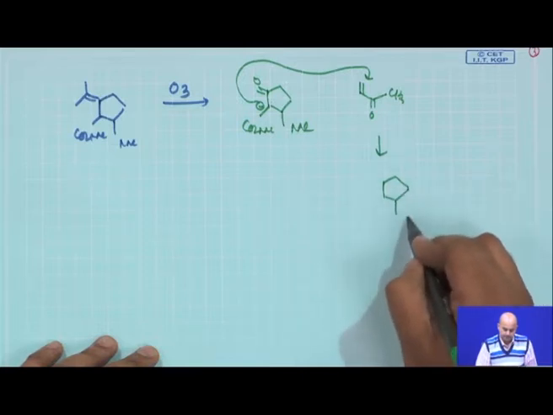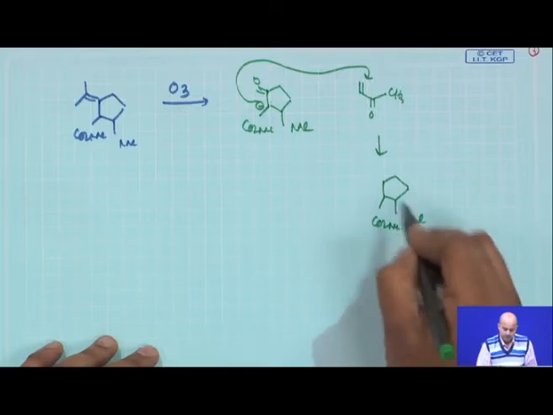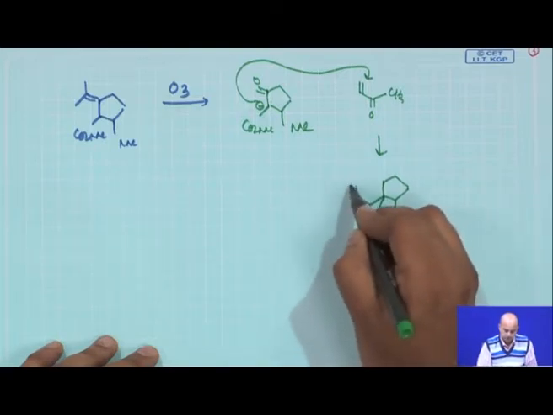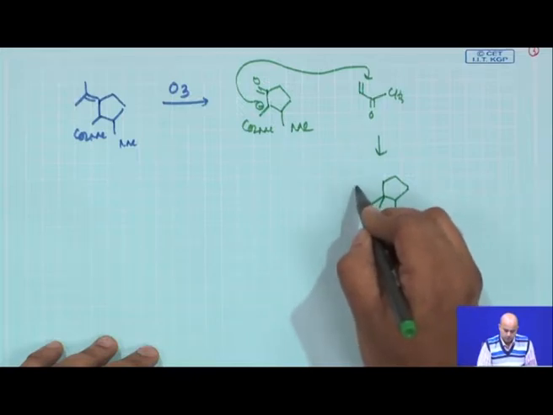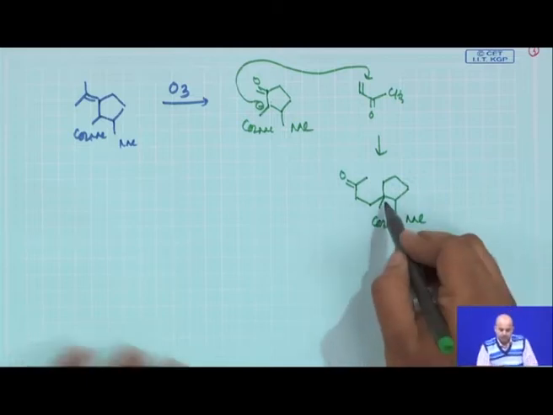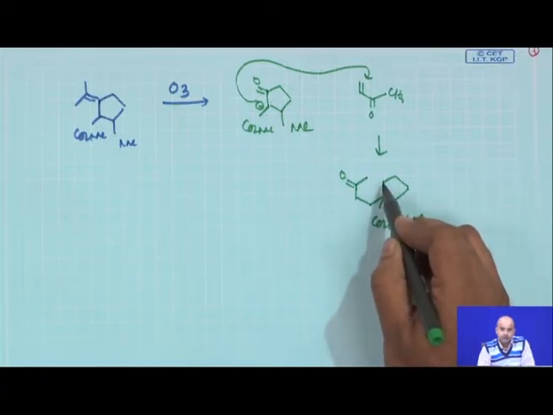So, now what will we get? You will get this methyl, CO2Me, CH2, CH2, write this double bond of ketone this way. Now, this CO2Me is your angular CO2Me, which is created after the ring fusion.